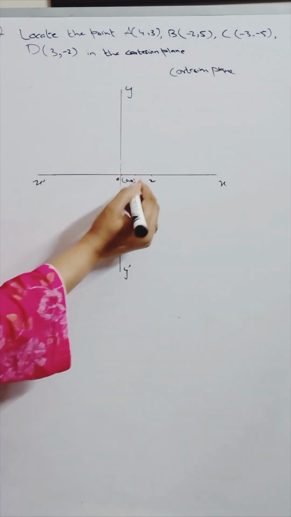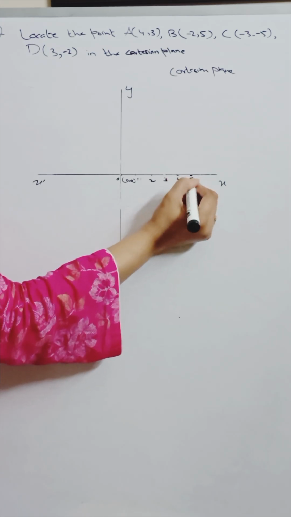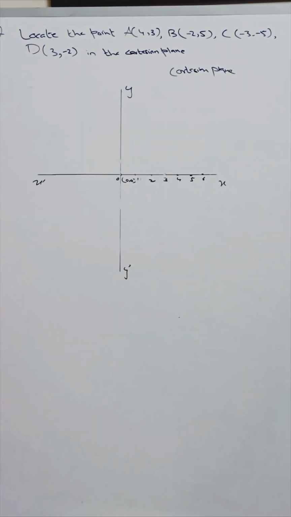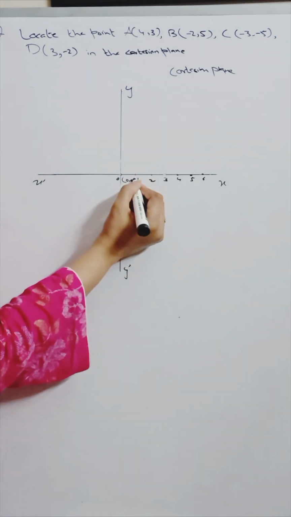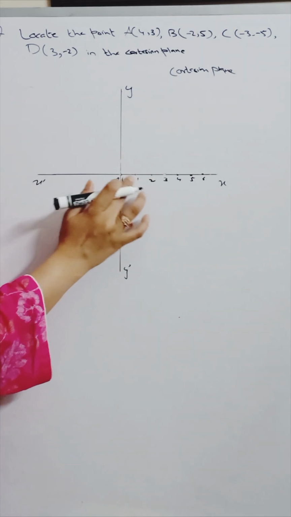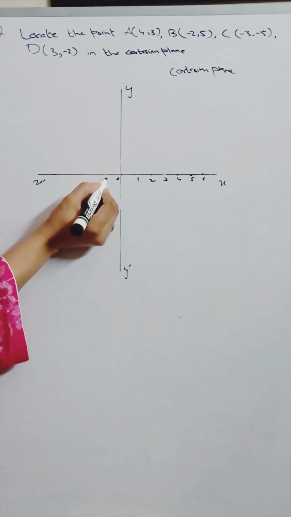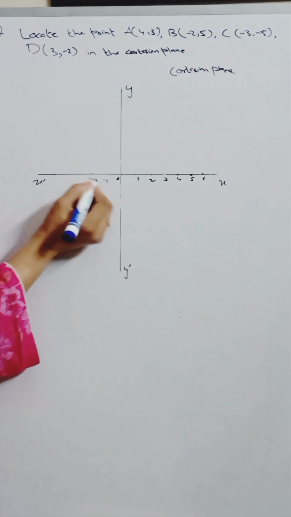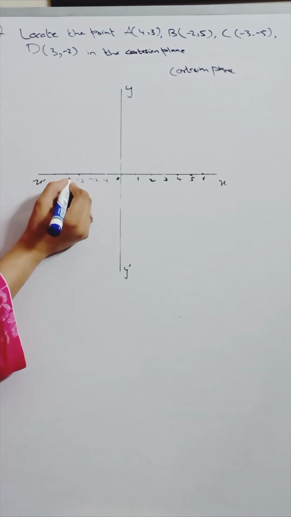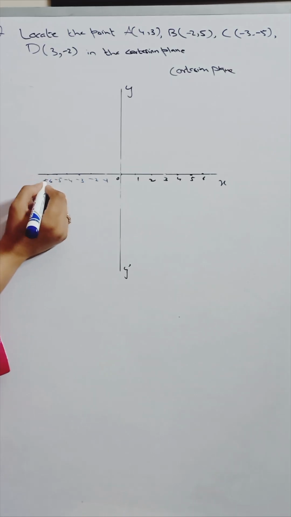So 1, 2, 3, 4, 5, 6, suppose. Now next, this is 1. I'm erasing it so you can easily understand. Negative is here: -1, -2, -3, -4, -5, -6.